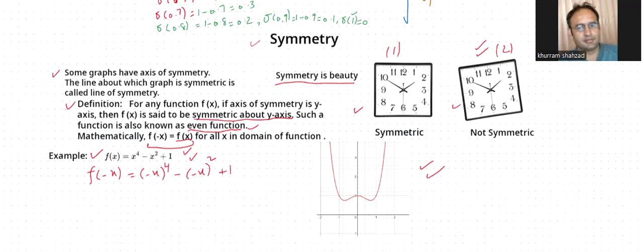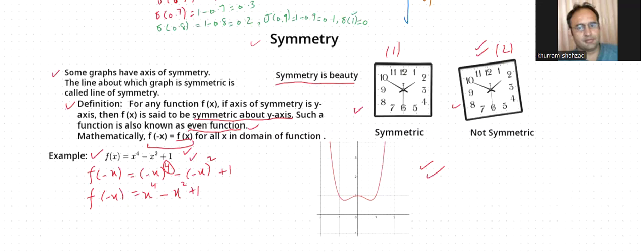So f of minus x is equal to x raised to power 4. You know that if there is an even power, then this negative sign will become positive. Now, negative x squared is equal to plus x squared, and this is plus 1.